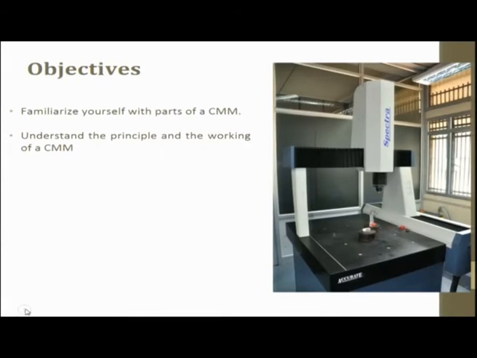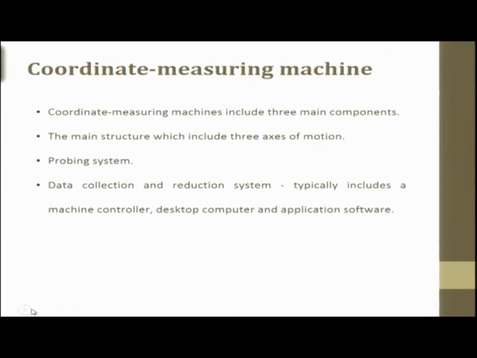The objectives of this lecture are to familiarize yourself with the parts of the CMM, the specific CMM we have, the Spectra CMM in our laboratory, and to understand the principle and working of a CMM. A coordinate measuring machine includes 3 major components. Number 1 is the main structure, which includes 3 axes of motion, X, Y and Z axis.